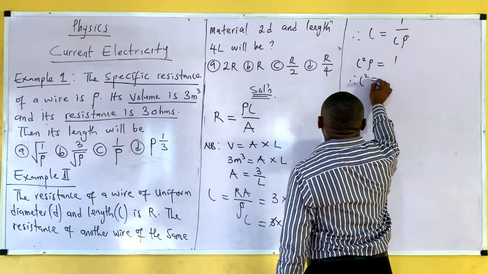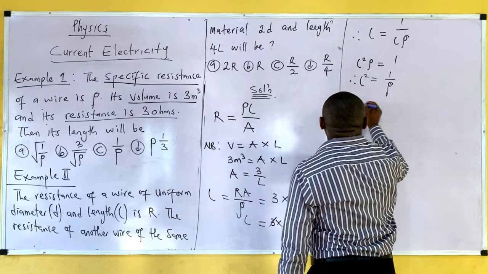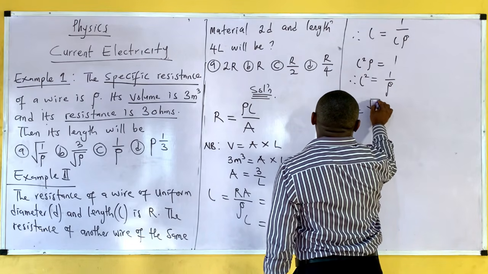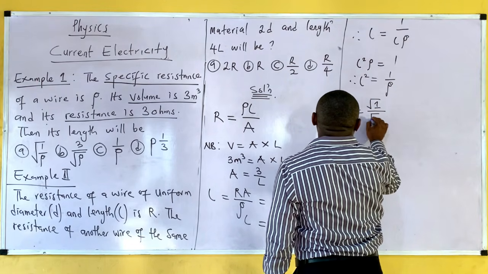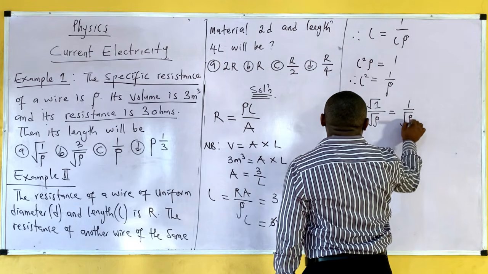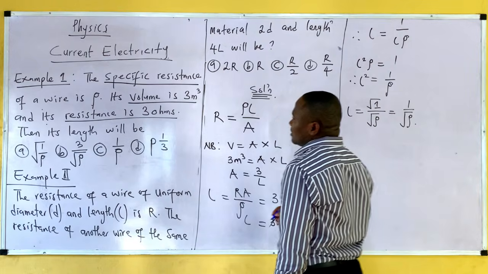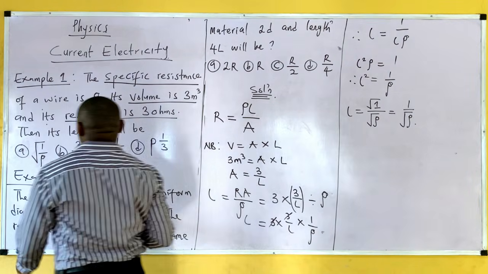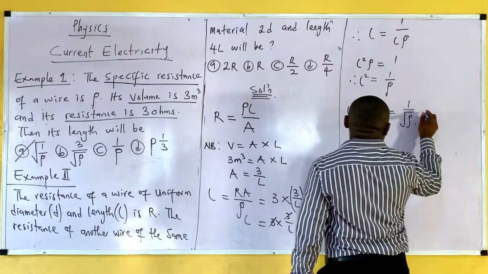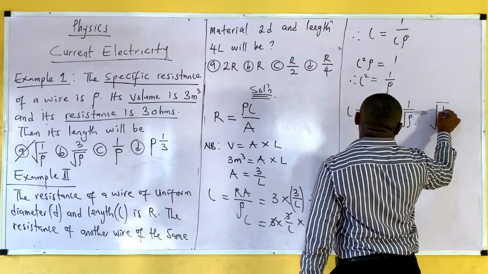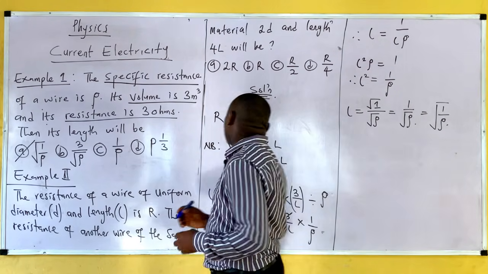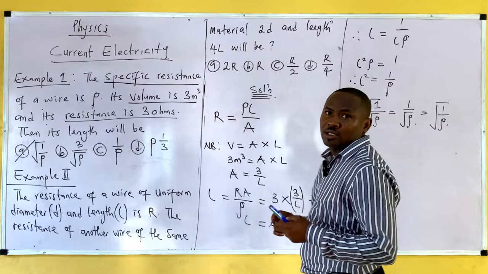Therefore, L square equals 1 over resistivity. So L will be equal to square root of 1 over square root of resistivity, which equals 1 over square root of resistivity. So the answer is either this or this. This is also equal to square root of 1 over resistivity. That's the answer to this question. Now we'll be looking at the second question.